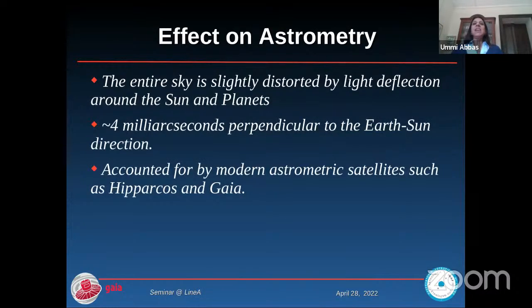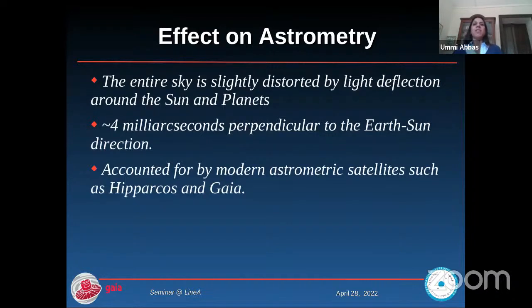Now, in astrometry, this plays a strong effect, and we have to take it into account in all sorts of modeling. We have to be very careful, because in order to have the microarcsecond astrometric precision of Gaia, we need to take into account all these effects, especially this relativistic light deflection due to the sun and the planets.